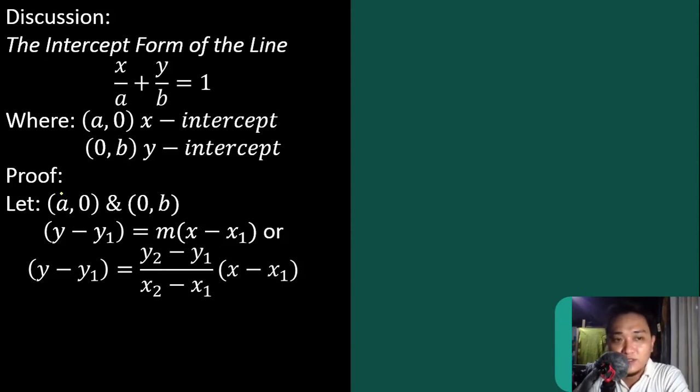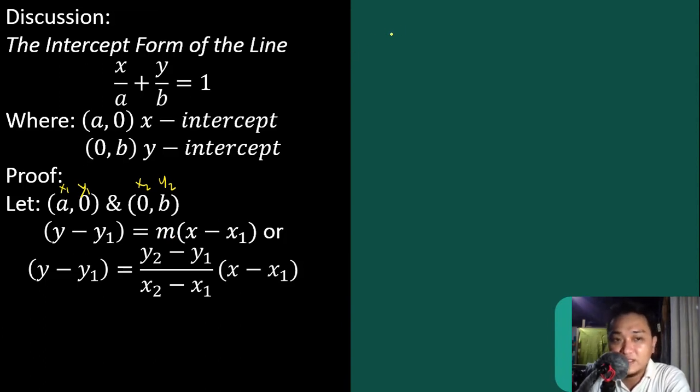Let us assume that our x sub 1 is a. Then, y sub 1 is 0. Yung atin naman, x sub 2 is 0 at saka yung ating y sub 2 is b. Ayan. Ngayon, baka magtaka kayo, it's just the formula for the slope, which is m.